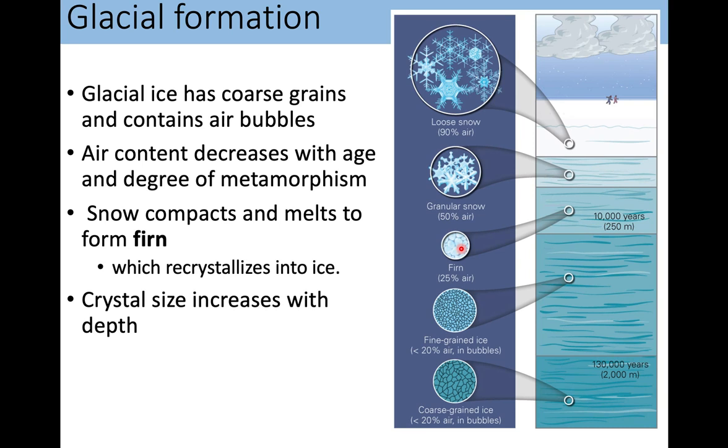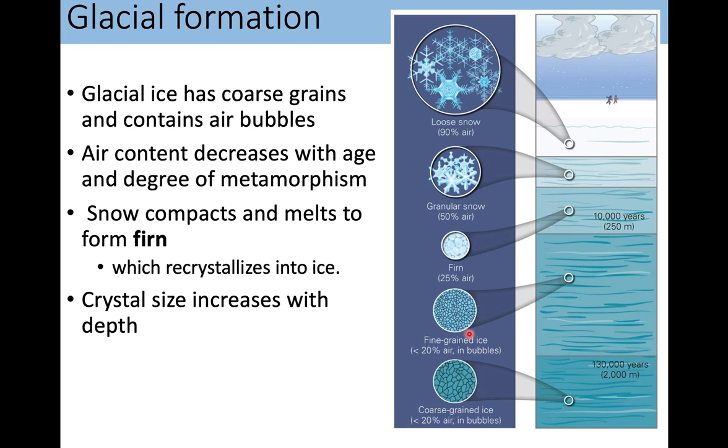So the further we move downward, the more cemented our grains of ice actually are, until we get to layers that are fully compacted into ice. Then the further you get down, you're actually going to have larger grains of ice.